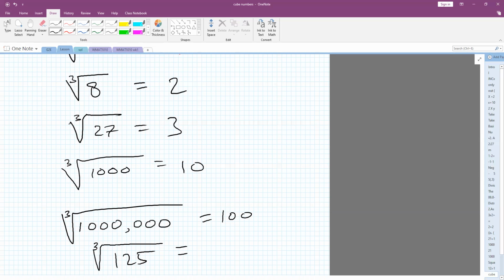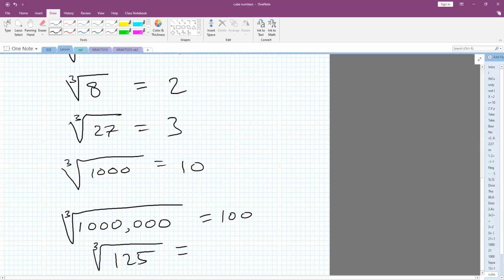So I'm going to have to add 1 plus 2 plus 5. No. Again, cube root is not dividing this by 3. You don't do that here, because we are not dividing 125 by 3.